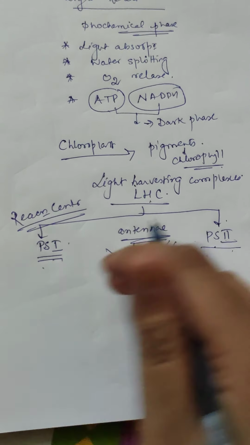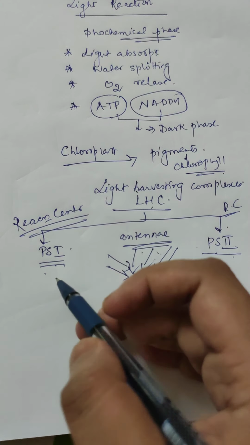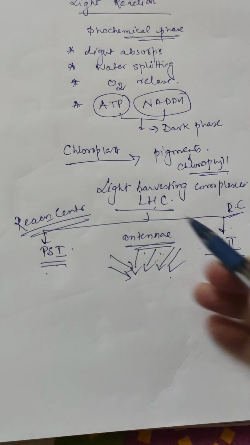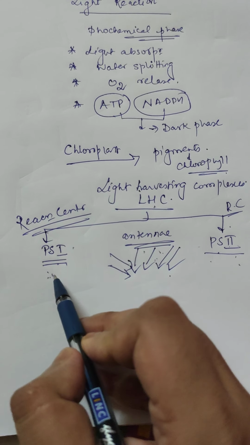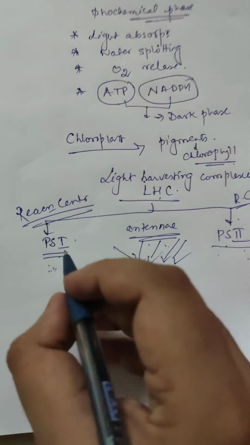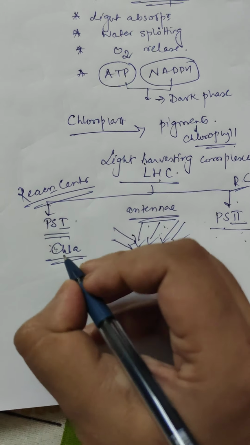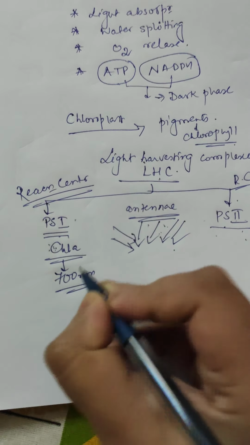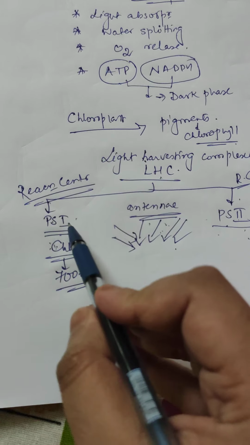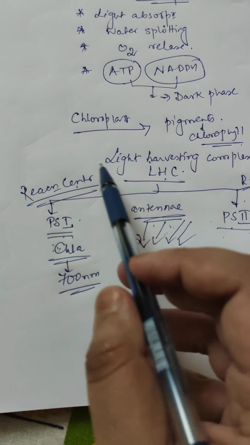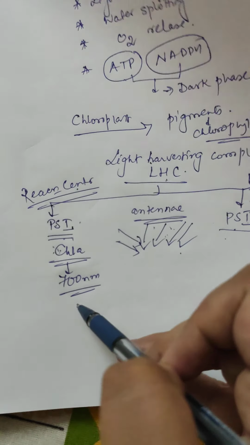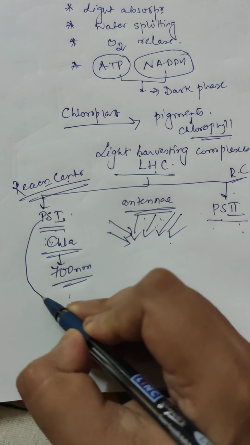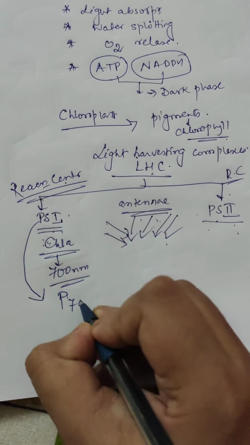So you have a reaction center here, and this is the other reaction center that you have. This reaction center is different in both photosystems. In photosystem 1, the reaction center chlorophyll A has an absorption peak at 700 nanometer. It absorbs maximally at 700 nanometer, and that is why photosystem 1 is also known as P700.